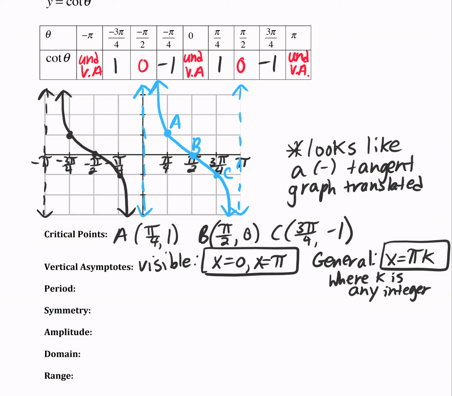Our period is still pi, so kind of like sine and cosine, tangent and cotangent have a lot of similarities in terms of how we're going to set them up, look for the asymptotes, and that kind of thing.